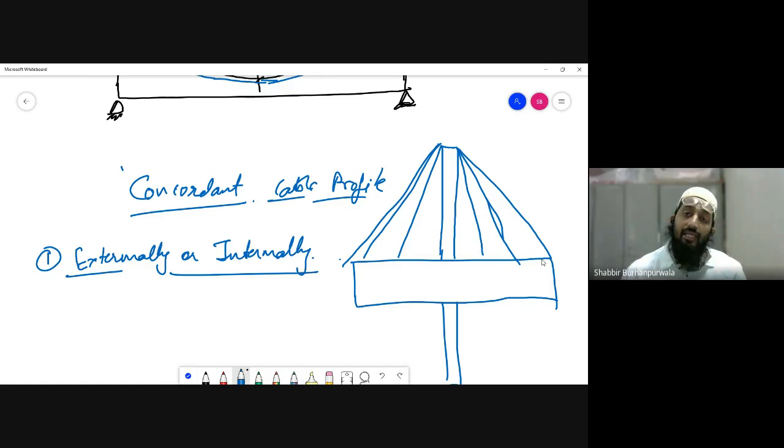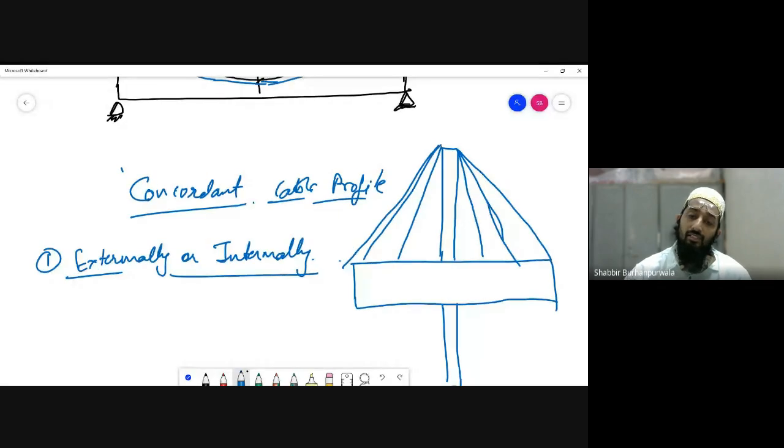Okay, in a cable stayed bridge, the cables which are used over here are stretched, and then they are anchored with the bridge. That means the cables have initial tension in them, meaning the cable wants to pull the bridge upward itself.